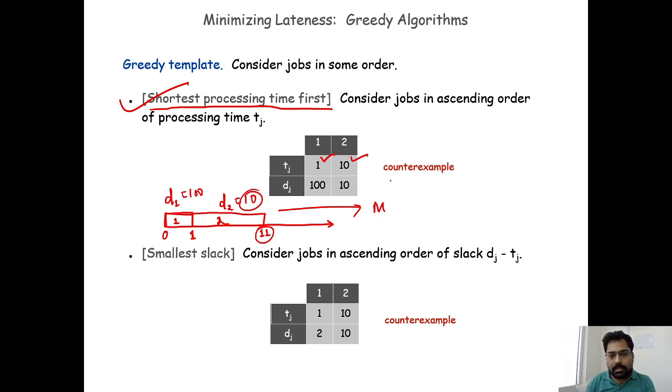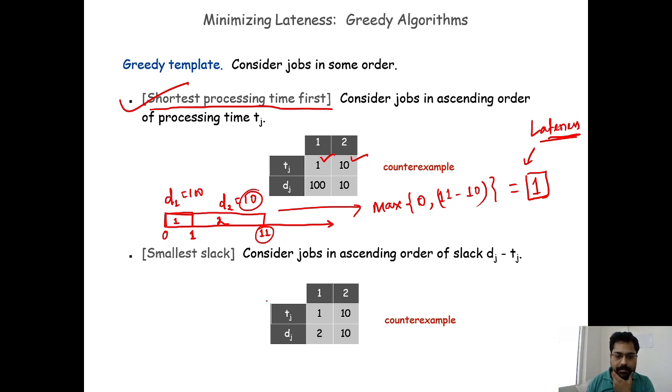So the lateness would be, finishing time 11 minus the deadline which we have defined, 10. As per this we got this lateness. That should not be maximum, but in this case it happened.